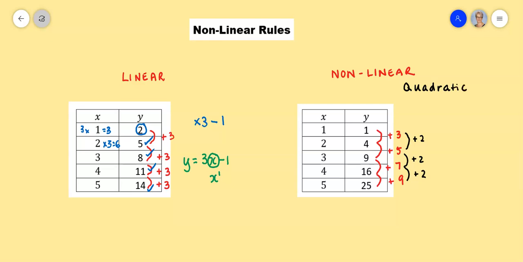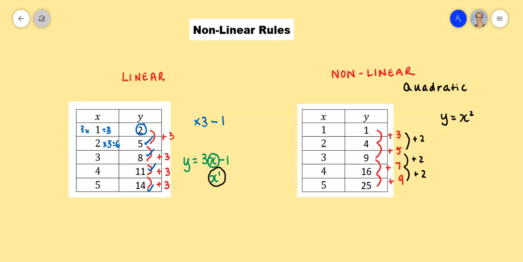A quadratic rule is a particular type of non-linear rule, and it means that when we have a quadratic rule, my rule always starts with x squared. A quadratic rule, instead of just having x in it like it did over here, we have x squared.